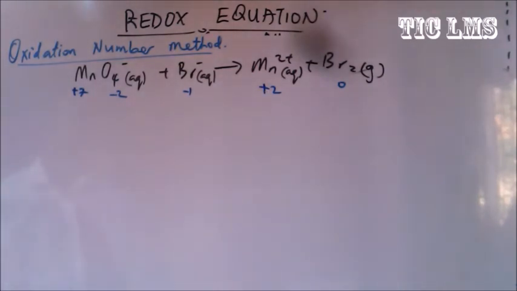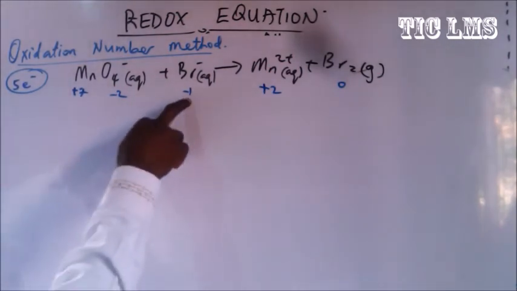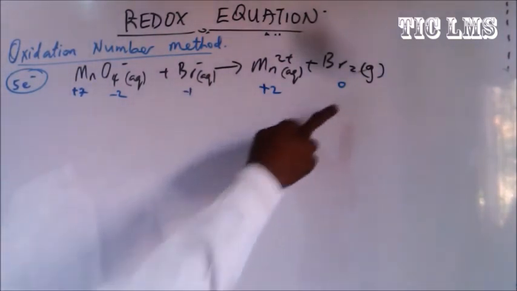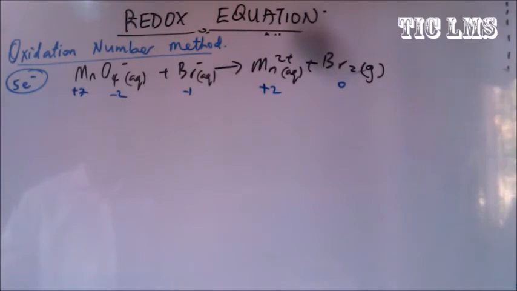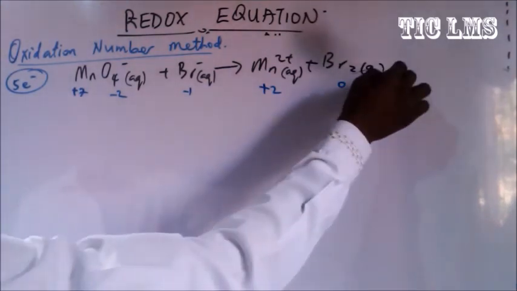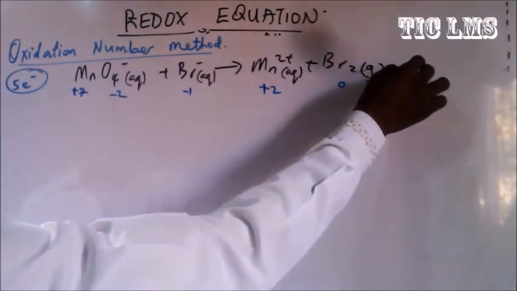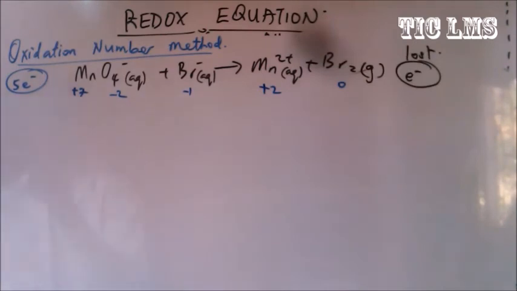It means that it has gained electrons. And how many electrons did it gain? It gained 5 electrons. So let's have that on one side. Then we have our bromine, which was -1 becoming 0, meaning that from -1 to 0 it has lost 1 electron. Alright, so we have that as 1 electron which was lost, and then here we have a gain.